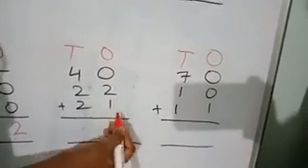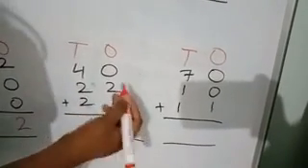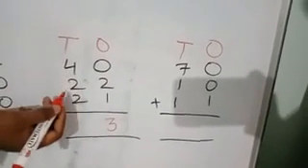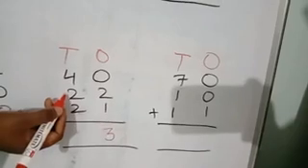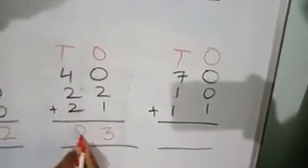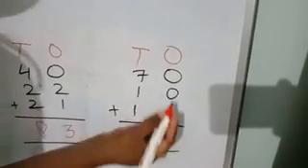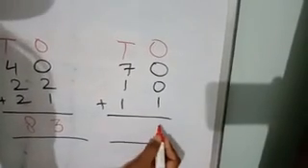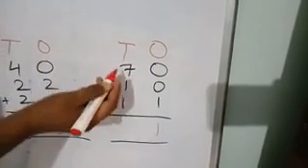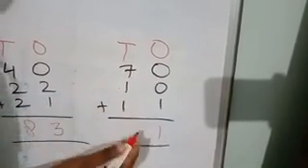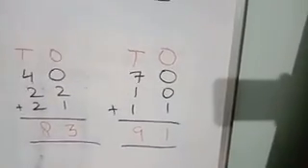Next one, 0 2 1. 0 means nothing. 2 plus 1, 3. 4 plus 2, 5, 6. Then plus 2, 7, 8. So here we are getting 83. Next one is 0 0 1. That means 0 0 means nothing. You have to write here only 1. Then tens, 7 plus 1, 8. Then 8 plus 1, 9. Okay.